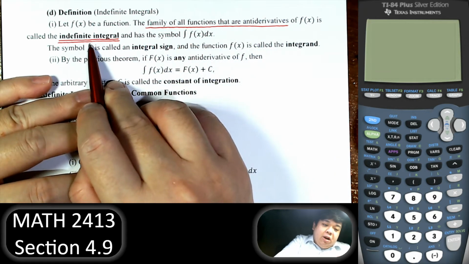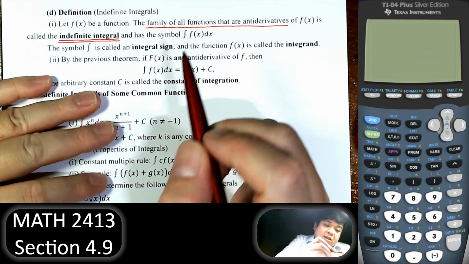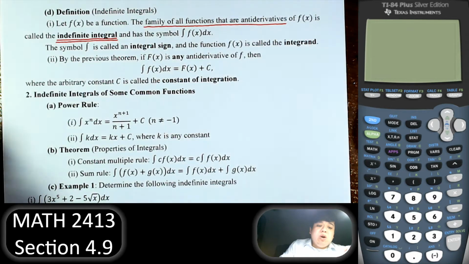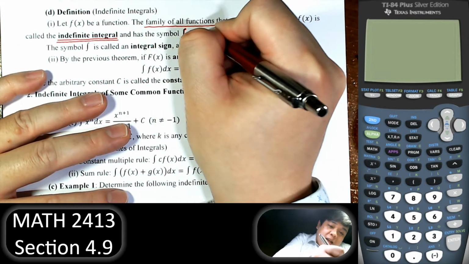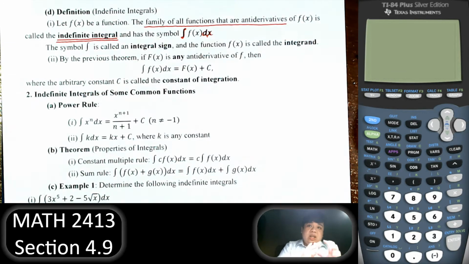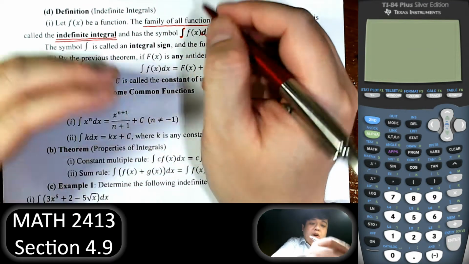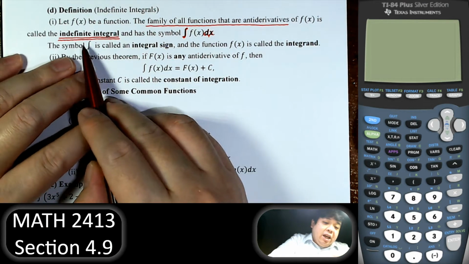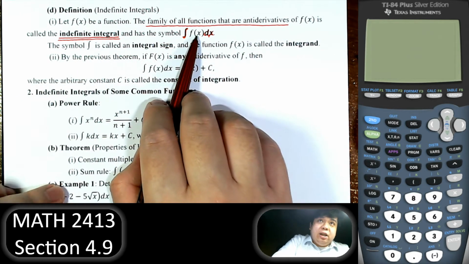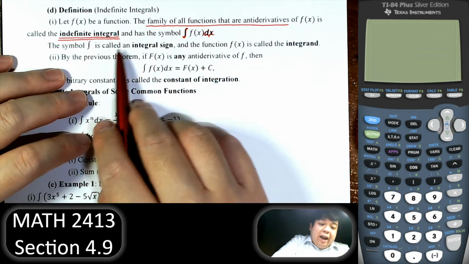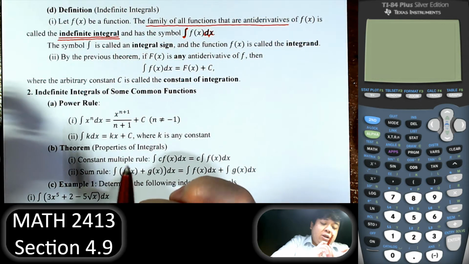And the symbol of that is the elongated s and dx. Note that this elongated s and the dx go together to signal the antiderivative of the function. The function we put in the middle, but that is the integral sign. The function in the middle is the integrand, and the x on the back indicates what variable we're talking about.